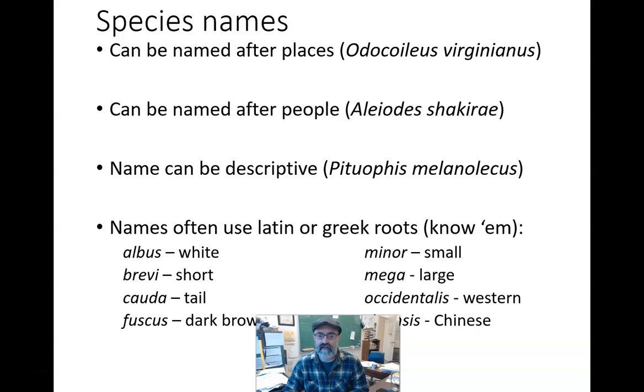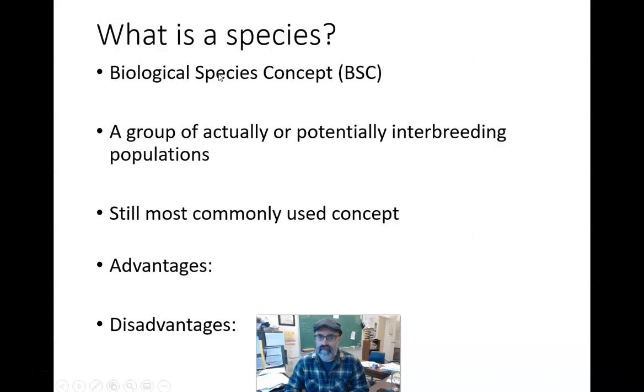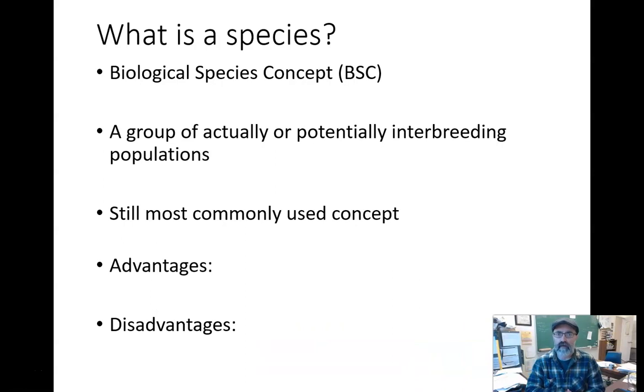You should definitely know these Latin or Greek roots. But there are three different ways to define a species, because it turns out to be surprisingly difficult to actually define what a species is.